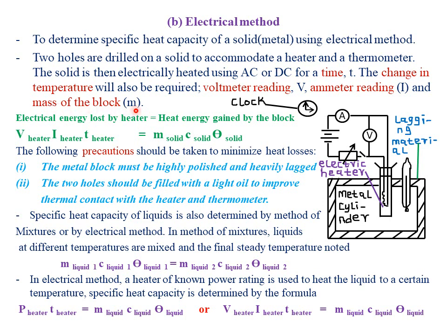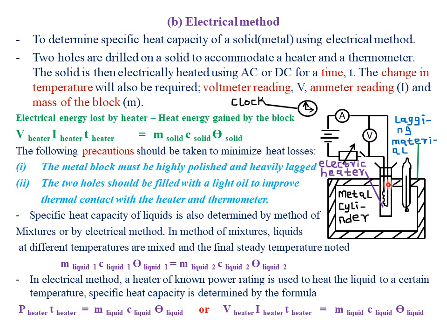The first question that you can be asked here is to name the apparatus that will be required in this experiment and state their purpose. First, we need a clock to measure the time for heating our metallic cylinder. Then we need an ammeter for measuring the amount of current that is used, and a voltmeter for measuring the voltage being used.